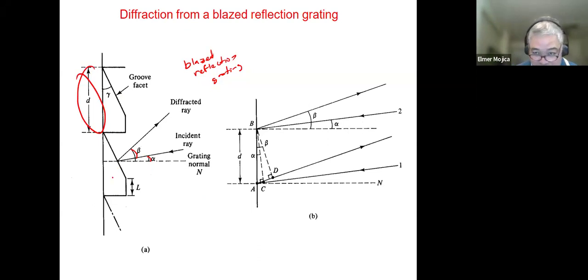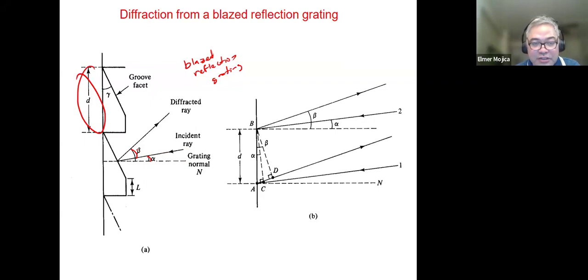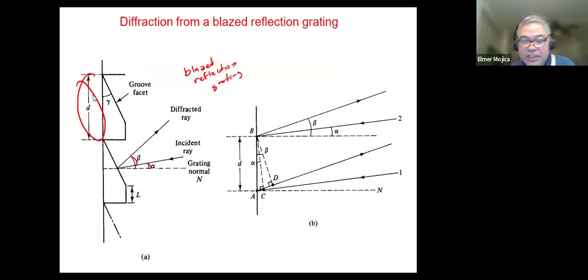So this is the grating, just like a pen. When the incident light makes an angle with the grating normal, the diffracted light makes an angle beta. The D that you have here is the distance between adjacent grooves.